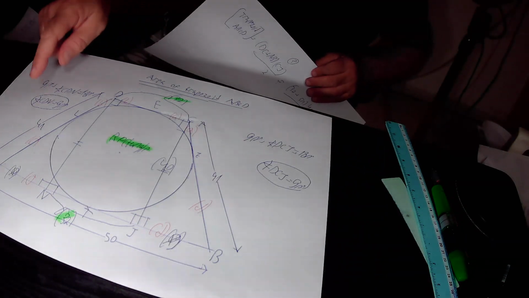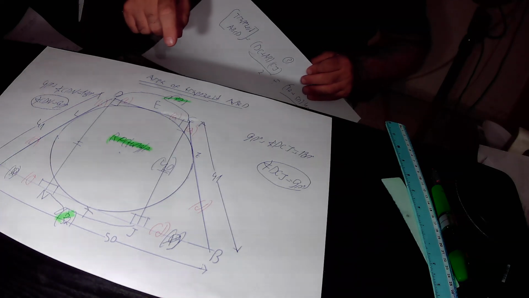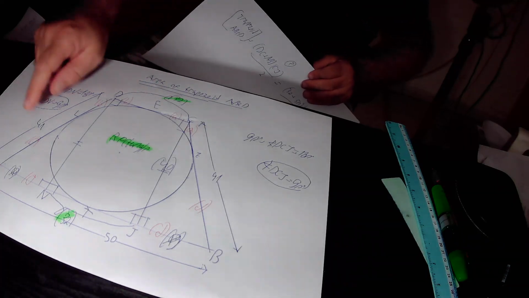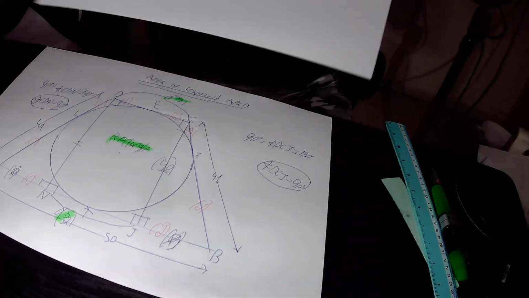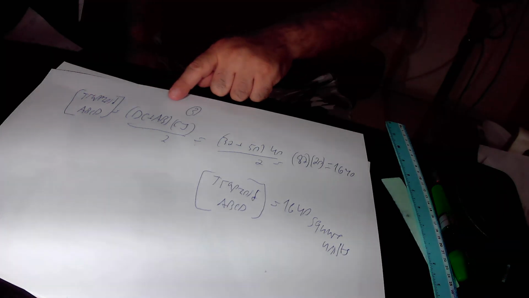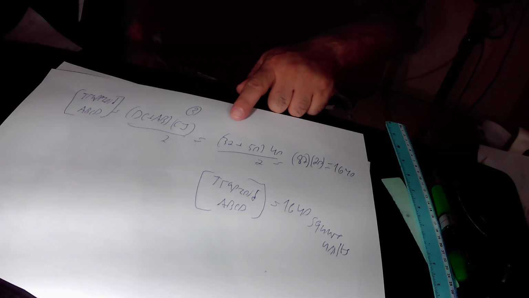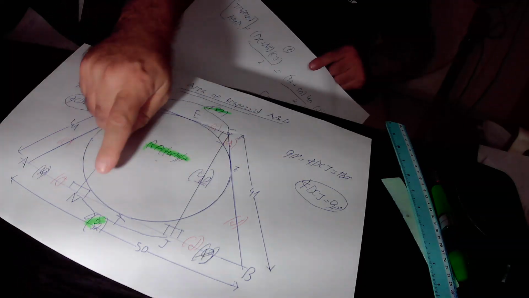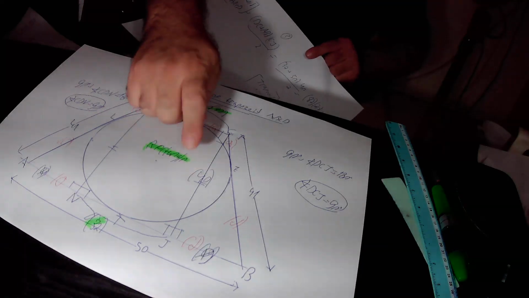Side DC and side AB are parallel to each other, therefore the sum of its two parallel bases is DC plus AB, times the height CJ, over 2. DC is 32 plus AB is 50. We just found the height CJ is 40, divided by 2.